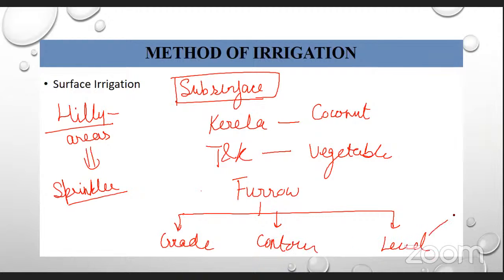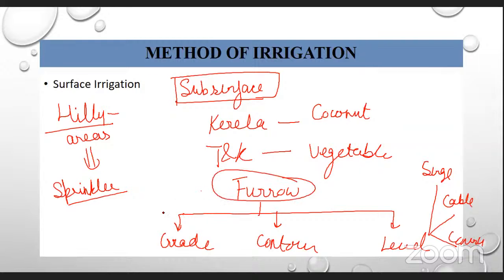There are also surge, cablegation and corrugations. Actually, furrow is one big chapter in methods of irrigation, but since you are going for IBPS, I have given you just a brief overview. The contour furrow irrigation is usually practiced for surface irrigation in hilly areas.